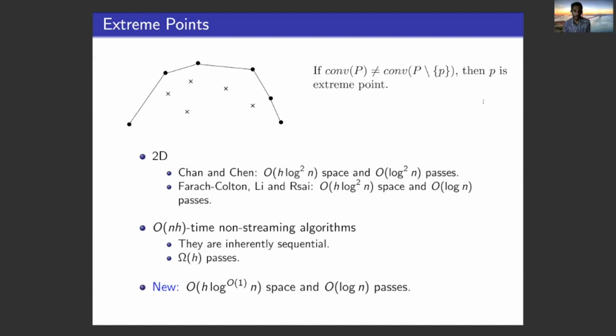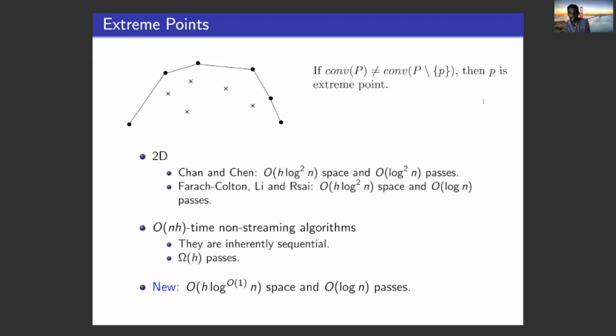So what do we do? We again use the framework that we have built for Skyline points. And of course, we have to combine that with some additional machinery of using linear programming to find these extreme points. Using that, the passes is log n, and the space is proportional to h.